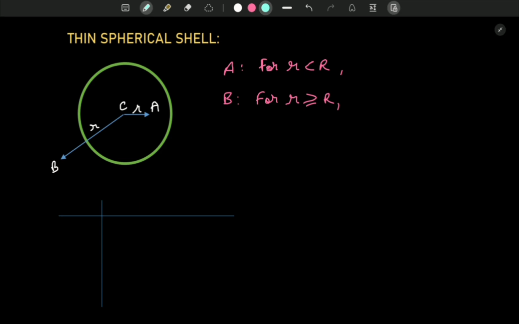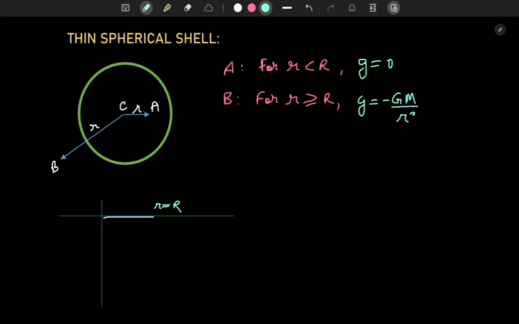For the two cases, inside the thin spherical shell, the field strength is 0, and for outside this is minus GM by r square.